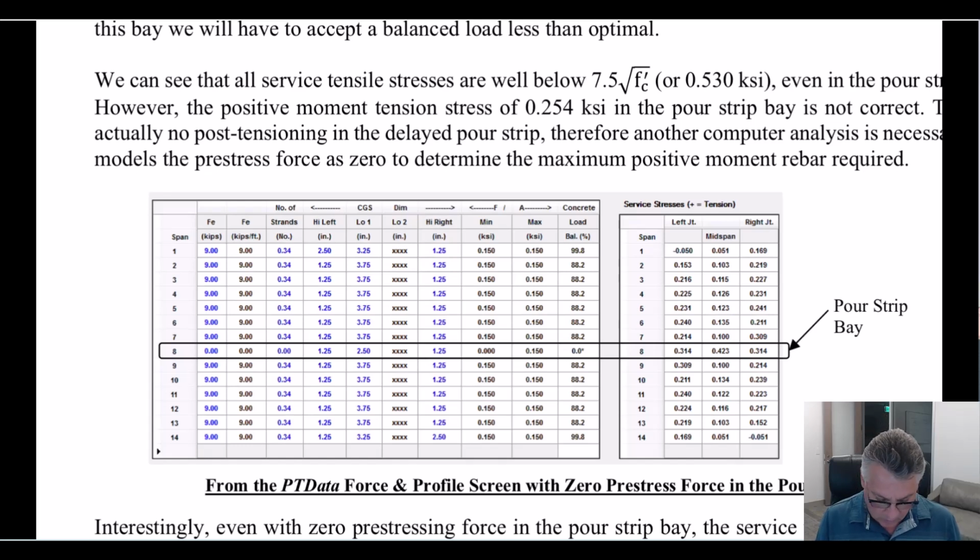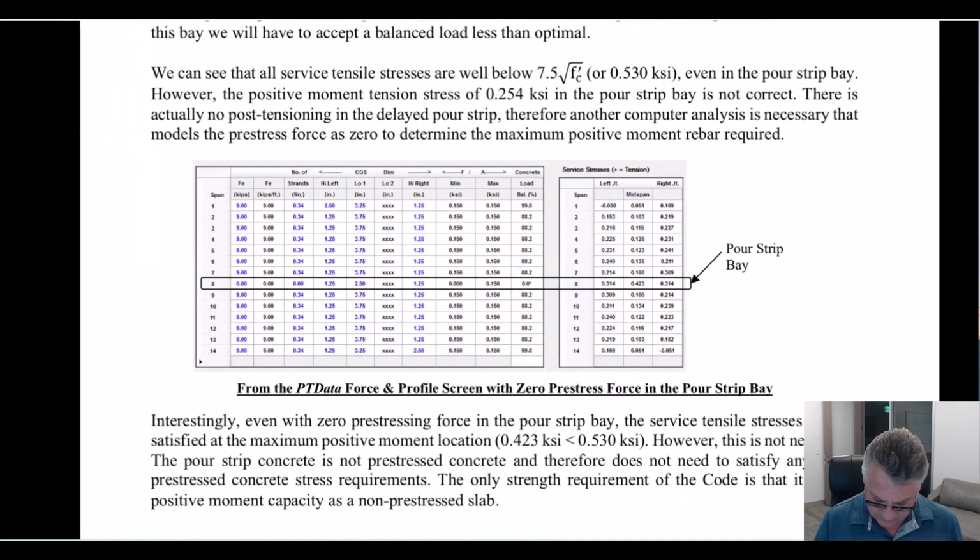So when we have no F over A and we have no balance load, we end up with a much higher pre-stressing tensile stress, which still ironically works. It's still less than the 0.53 required.